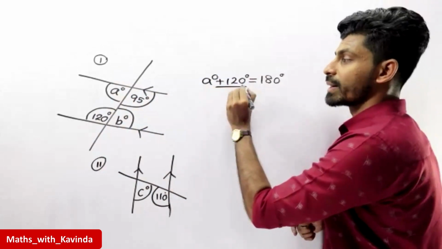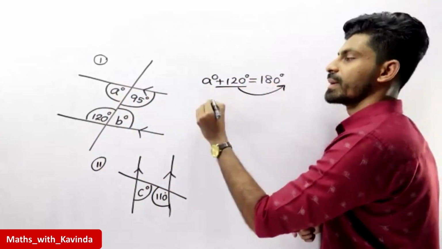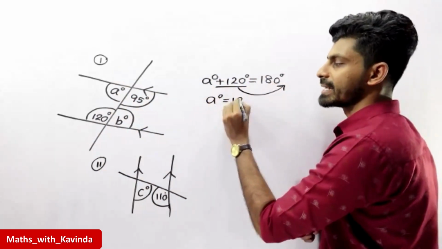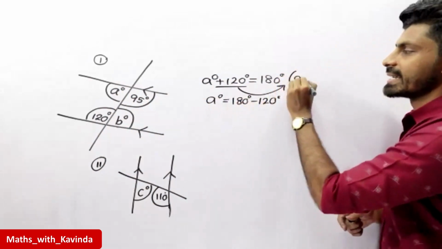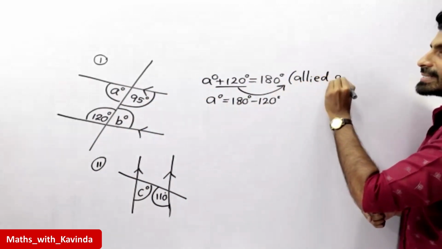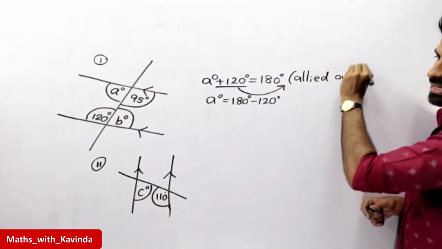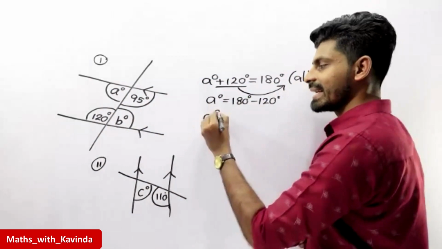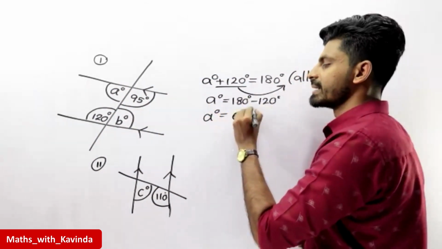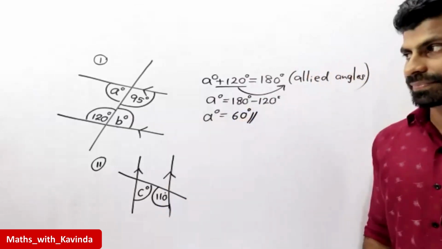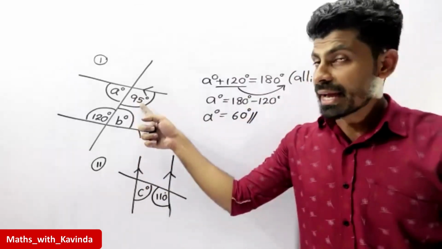So how to remove plus 120? Move it to the other side. A equals 180 minus 120, so that means 60.